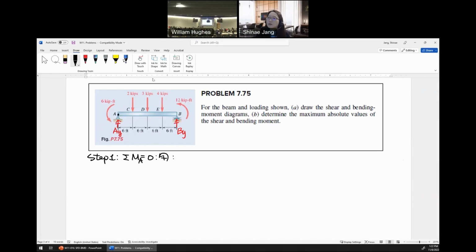So at A, we have 6 kips per feet here. What should we do? Is it 6 times something? Or is it plus 6 or minus 6? What do you say? Can you repeat? Minus. Minus 6. Any other opinions? Plus 6 or 6 times something?